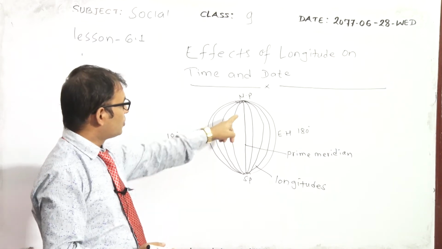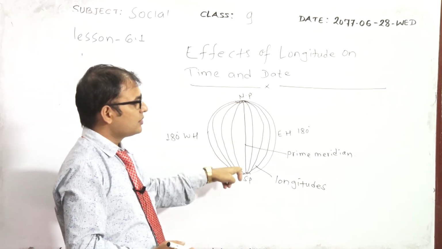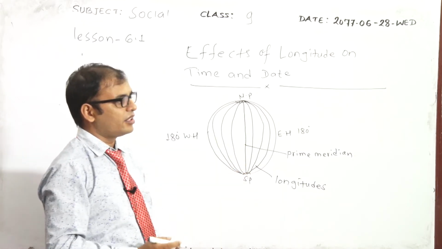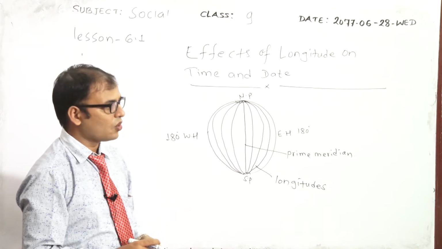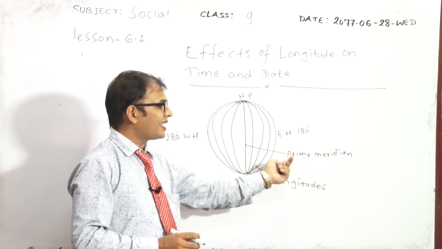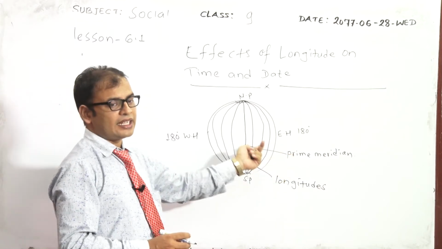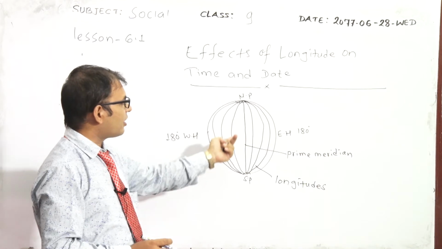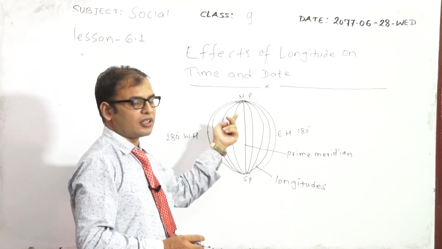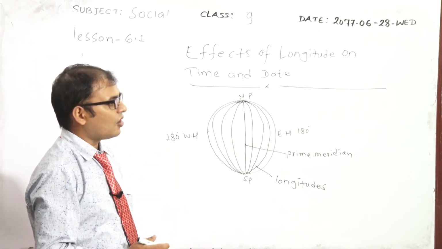And you should know one thing: the longitude which passes through the Greenwich Observatory near London is known as the prime meridian, which I have written here, or it is also called the Greenwich meridian, and it is known as the basis of all the longitudes.